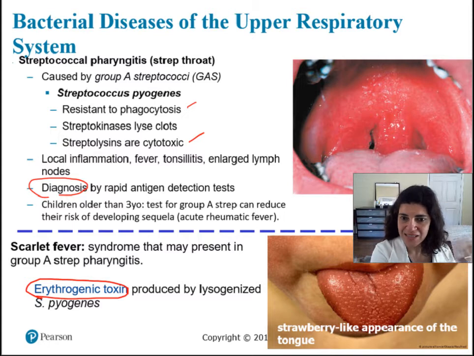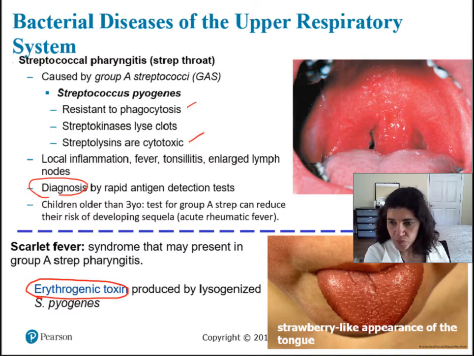When pharyngitis worsens and becomes scarlet fever, then you have this strawberry-like appearance in the tongue, okay? Scarlet fever is mild and usually self-limiting, and it shows as a sore throat and that strawberry-like appearance in the tongue. The rash is actually all over the body, but on the tongue it looks like a strawberry, and it also poses a risk of rheumatic fever if untreated.